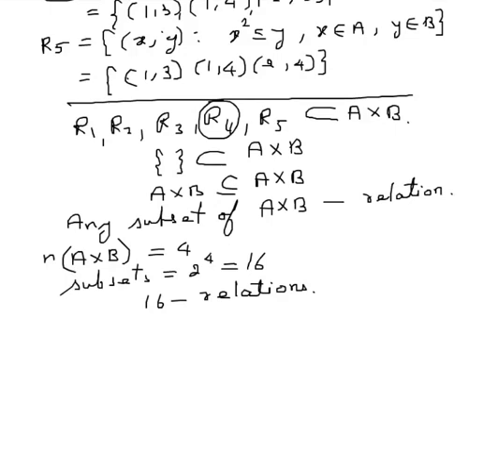Let us learn the definition of a relation. See page number 34, definition 2. A relation R from a non-empty set A to a non-empty set B is a subset of the Cartesian product A cross B.